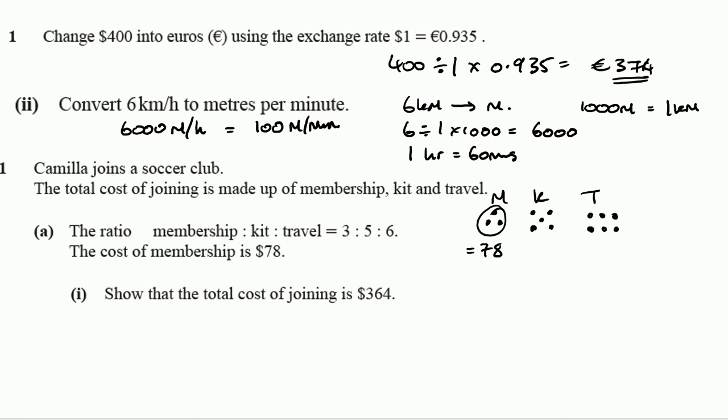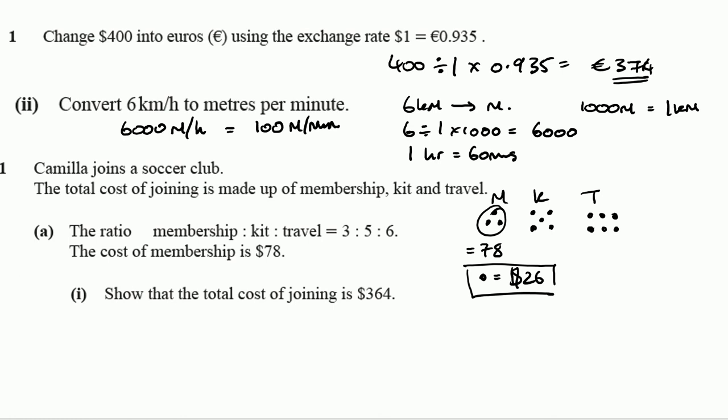To work out what 1 dot is worth then, I would divide by 3. So 78 divided by 3 gets you $26. So one of these little dots is worth $26. Any ratios question you do wants to start with working out what one of those little dots or piles is.